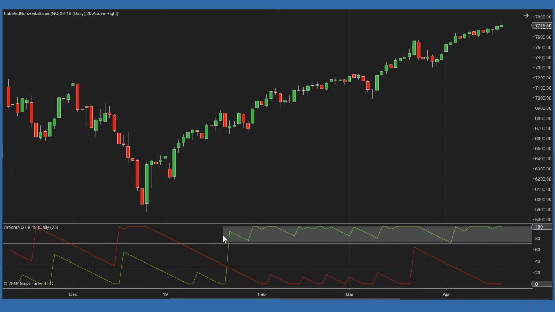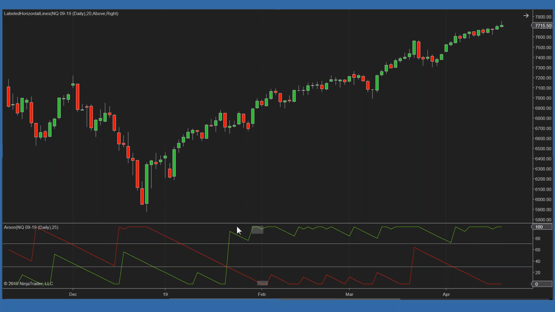Now, another feature that traders often like to look for with the Aroon indicator, just for a little additional confirmation, is they like it when the indicator, again, doing opposites, hits 100 and 0.